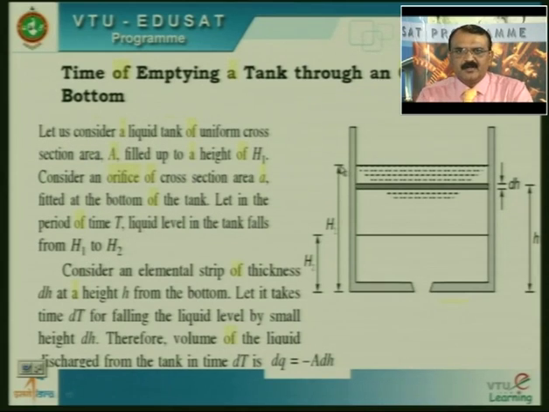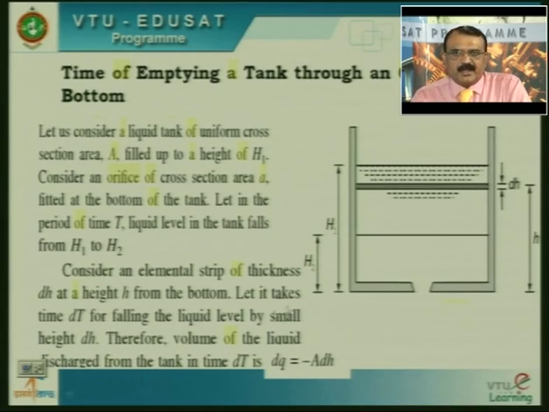I said here my small t is equal to 0, the moment you are opening the orifice, and when my small t is equal to capital T, the depth of water in the tank, I represent this as H2. Consider an elemental strip of thickness dh at a height of h from the bottom. That is what I mentioned here. The moment once you open this, at any instant of time, the depth of water in the tank, I represented this as small h, and at that depth consider a small strip of thickness dh.